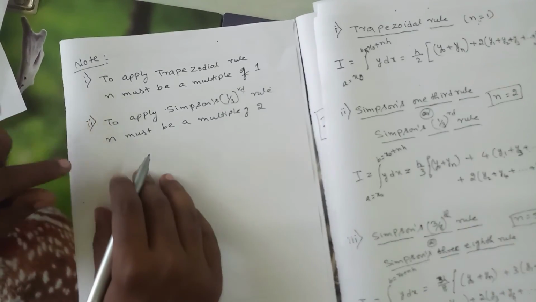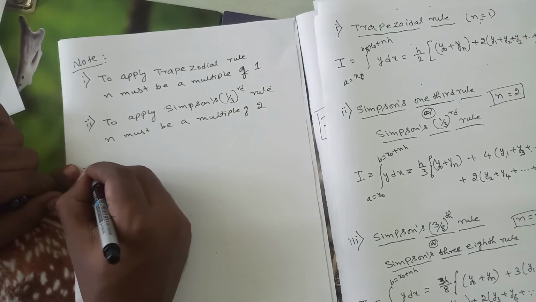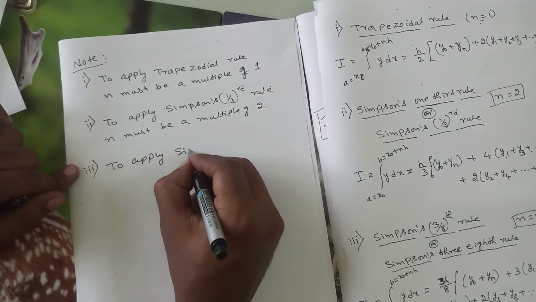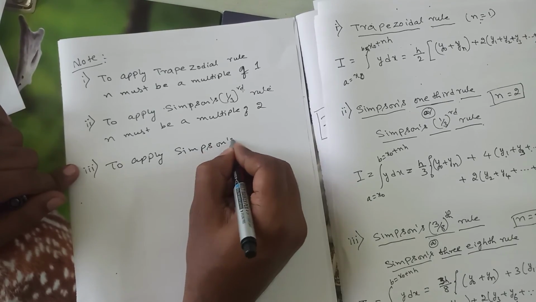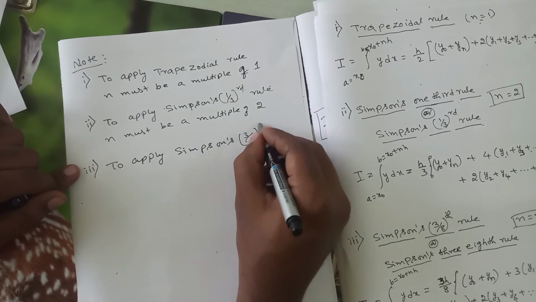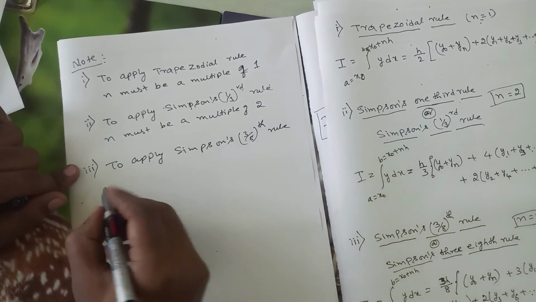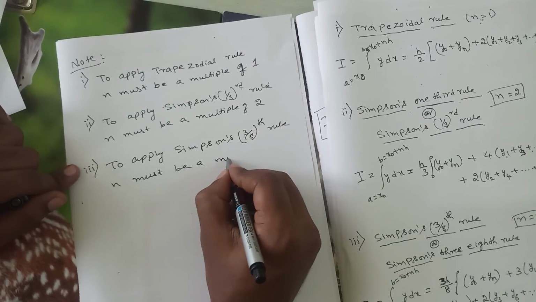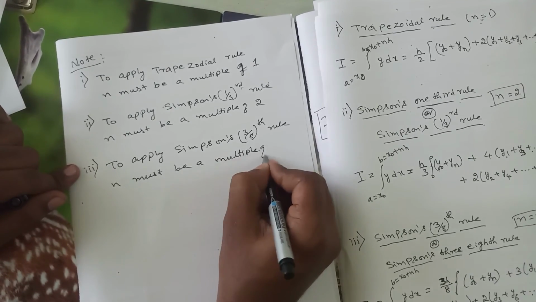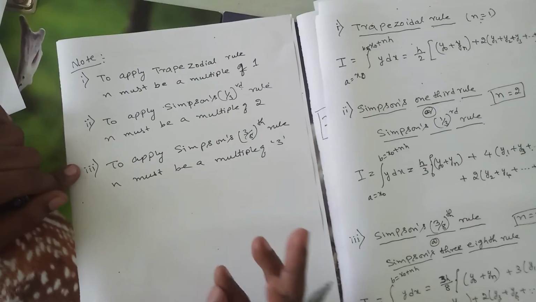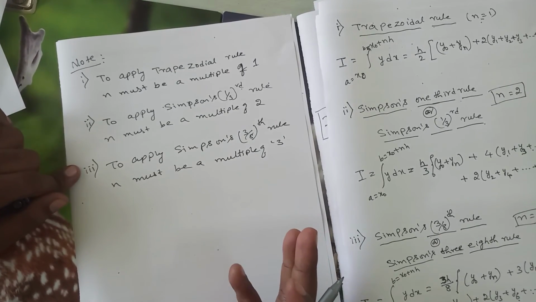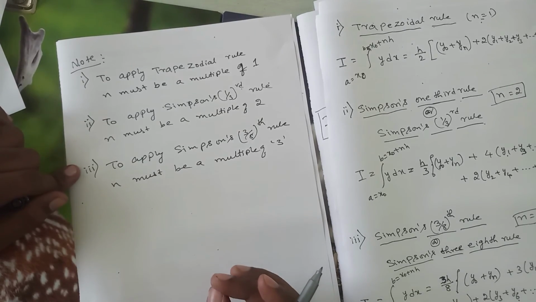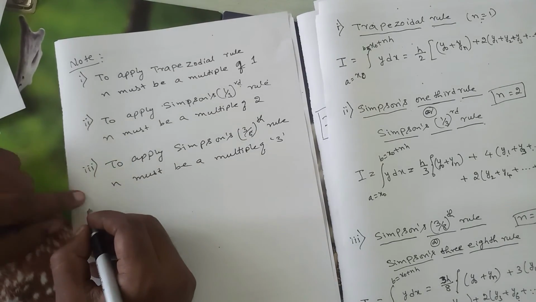And to apply Simpson's 3/8 rule, n must be a multiple of 3. Multiples of 3: 3, 6, 9, 12, 15, 18, and 21, like that. n must be a multiple of 3.